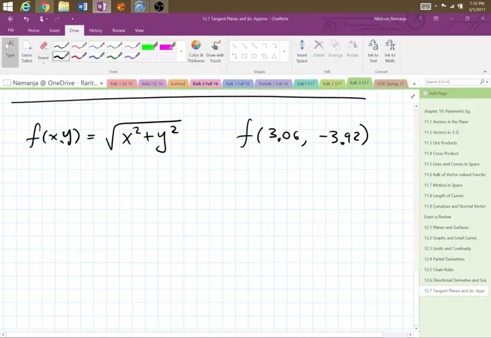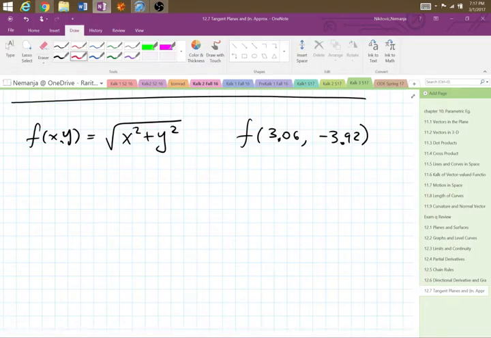Okay, so we know how to find the tangent plane. Let's not drag this out forever. Find the partial derivatives and plug the values in. Oh, this is the two variable one. Yeah, there is no z here. Yeah, but it still can be done. Yeah, it's a plane.